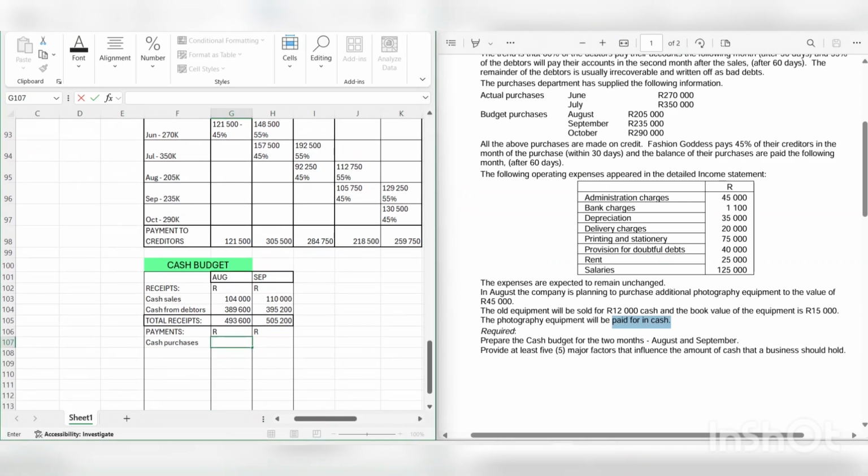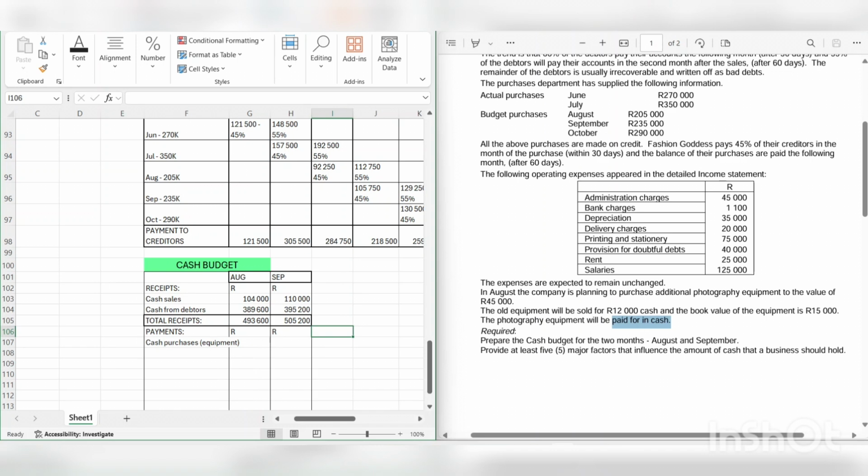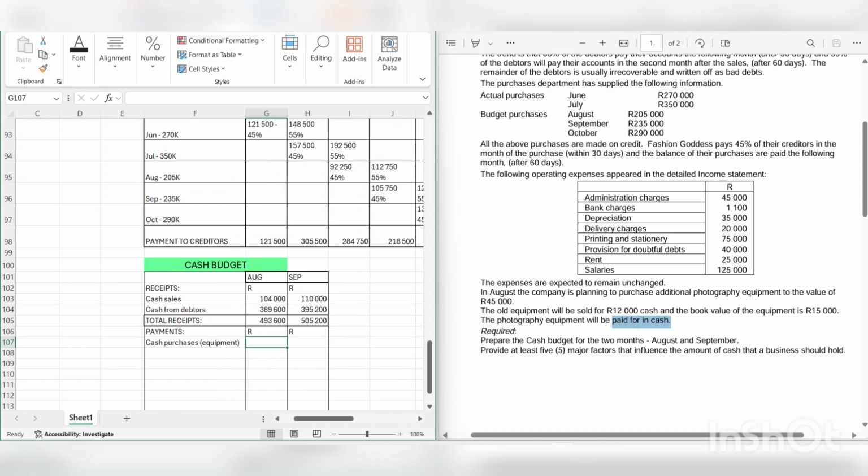So you have two options. You could leave this as 0 and put equipment here, or we could put it here. I'm just going to include it here. If you'd like, you could put this in brackets and put your equipment. Okay, let's put that in.